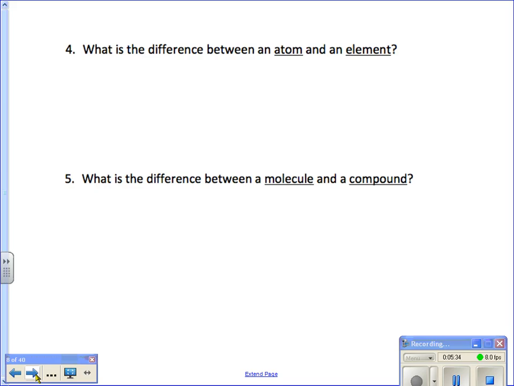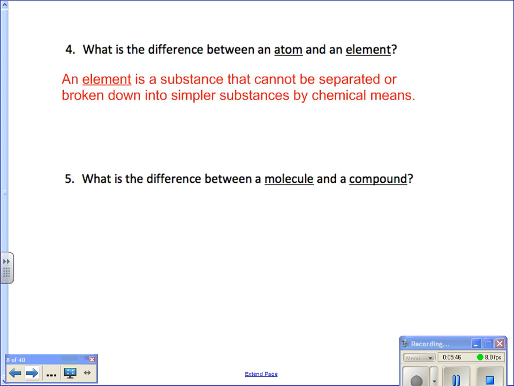So number 4, what then is the difference between something we call an element and an atom? An element is a substance that cannot be separated or broken down into simpler substances by chemical means. That means if we force it to interact with other chemicals or atoms or elements, it cannot be broken down into anything simpler without losing its identity.